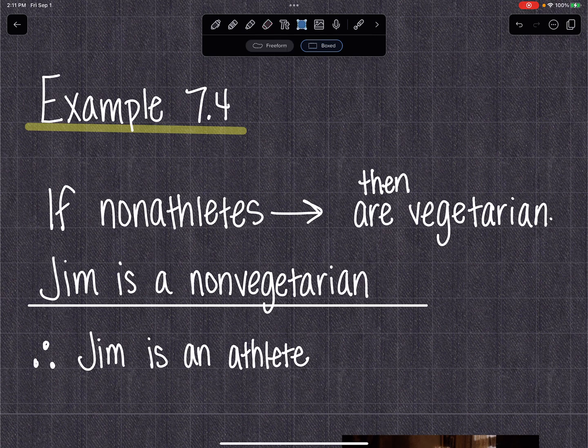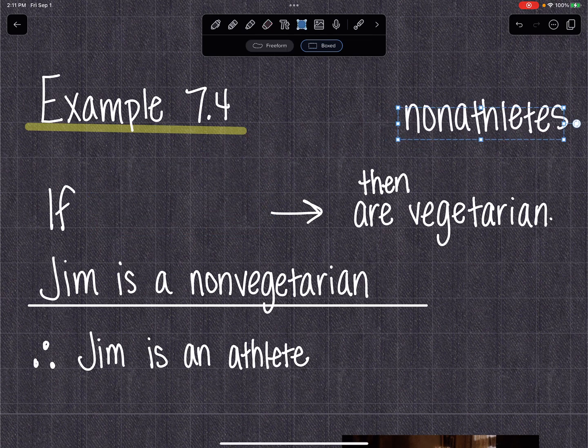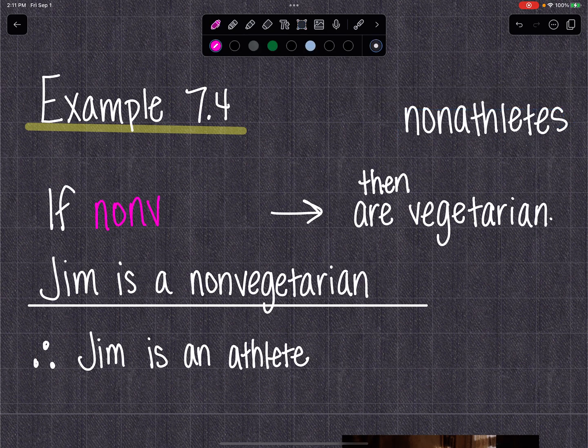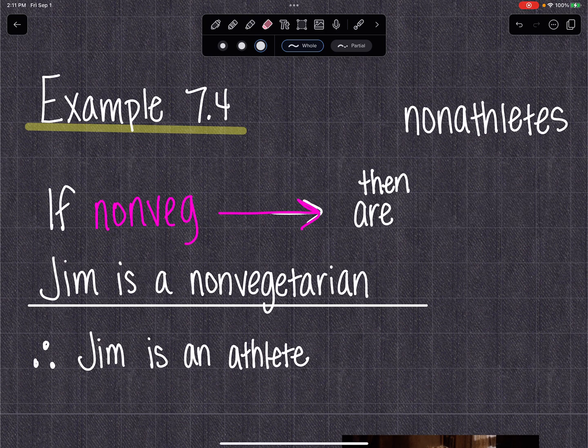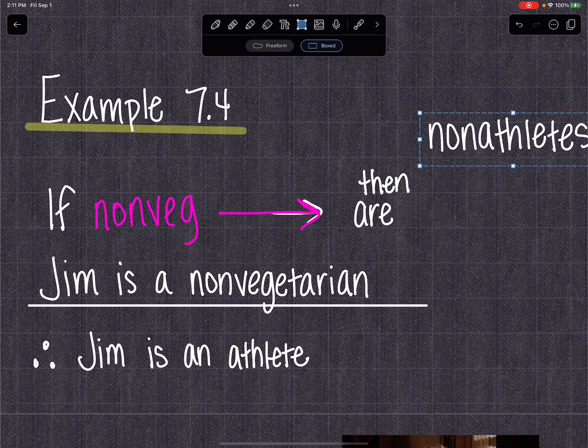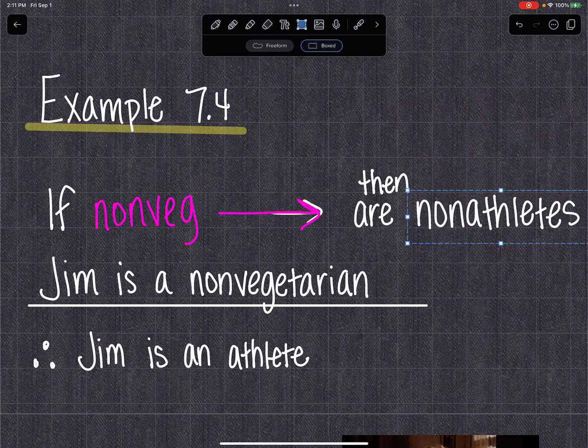So if you're a non-vegetarian, then you are a non-athlete, and a non-athlete is just an athlete.